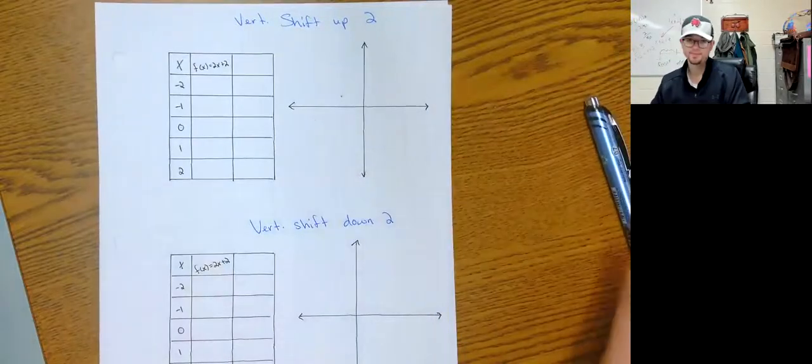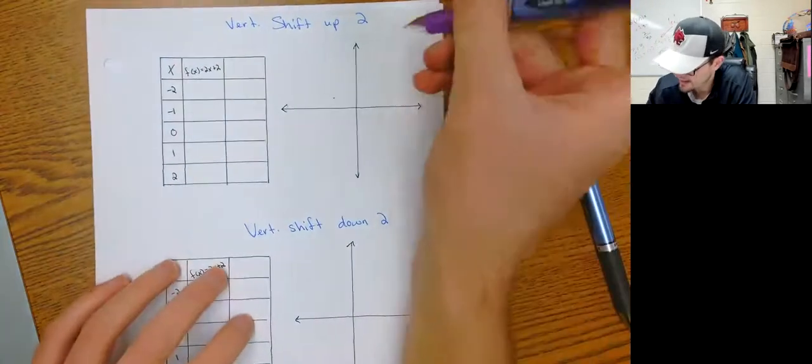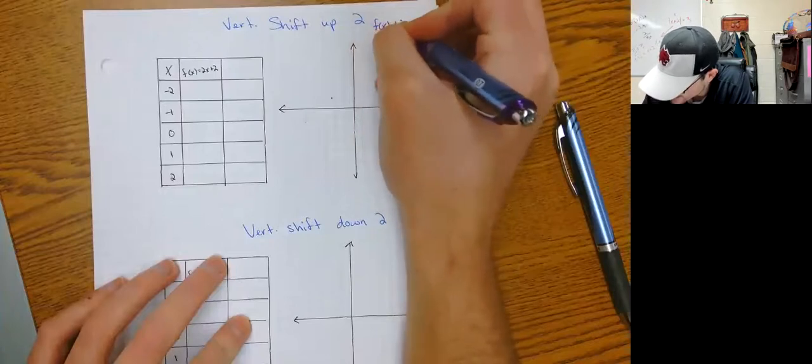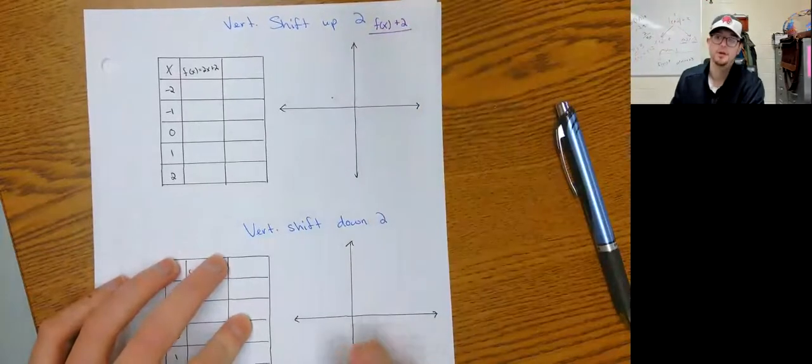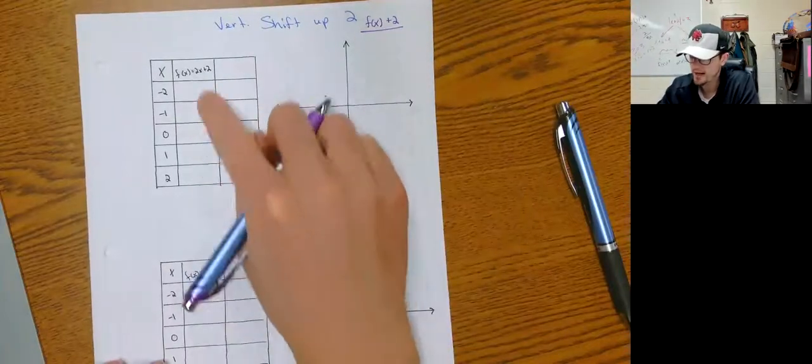Okay, so the first thing you have to look out for is the vertical shift up 2. Vertical shift up 2 means we're going to take f of x and add 2 to the entire function. But before we do that, let's first find these inputs.